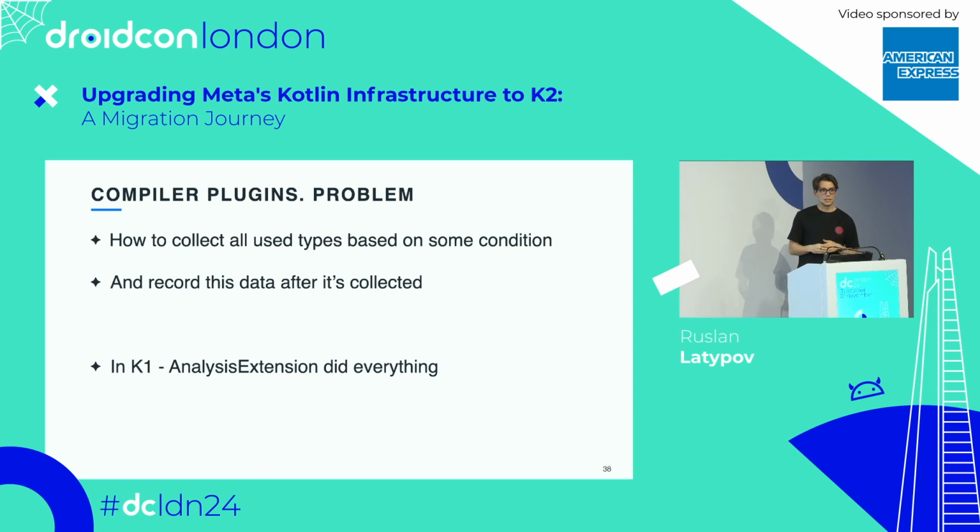So in K2, when we have a custom FIR checker extension, K2 runs extensions by itself, and we don't have a point where we can make sure that all the extensions have finished. So in order to implement the mentioned plugin in K2, we had to collect all the types in FIR.